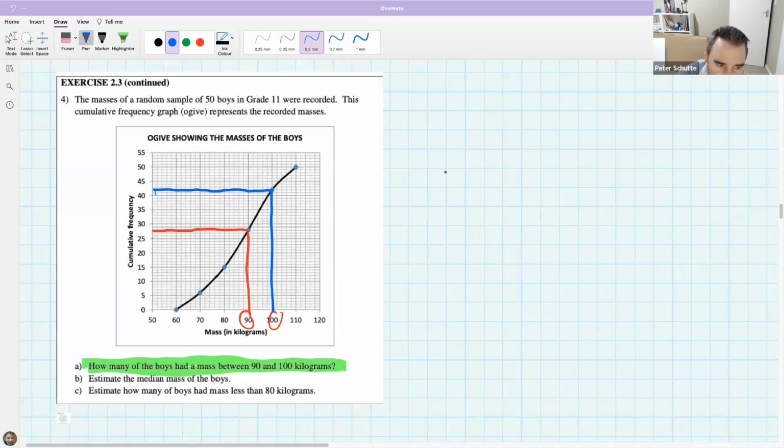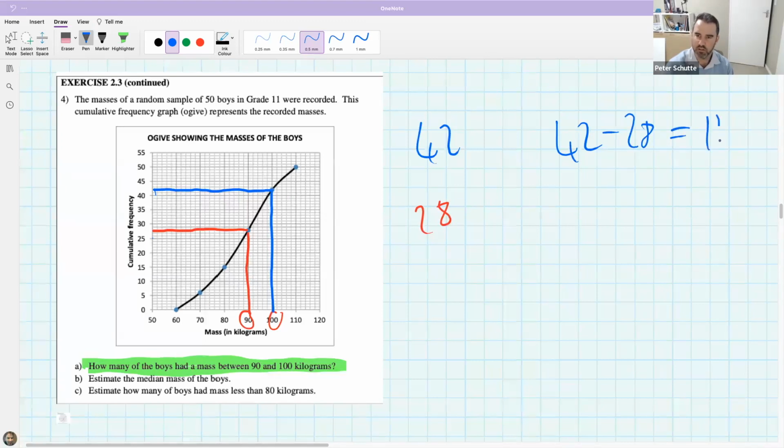So I'm going to go, and then for the red one, it's going to be 28. It looks like to me. And for the blue one, 42. So how many boys weighed between 90 and 100? We just go 42 minus 28, which is 14.